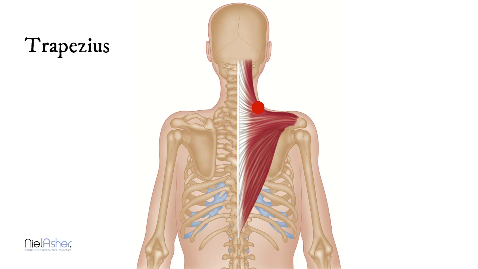Trigger point 2. This occurs also in the free edge of the trapezius muscle. I'll just digress here for a minute. There are a number of flat muscles which occur around the body. There is the trapezius, there is the latissimus dorsi, the gluteus maximus, the pectoralis muscles.